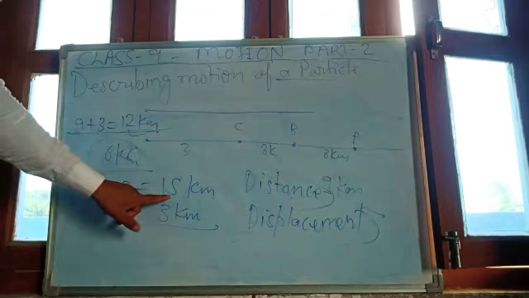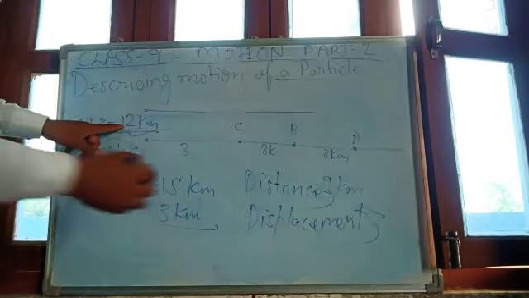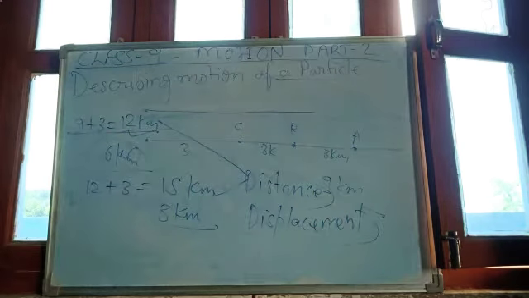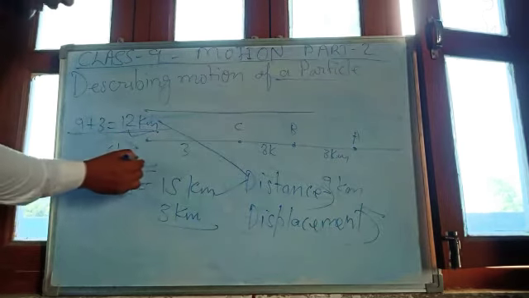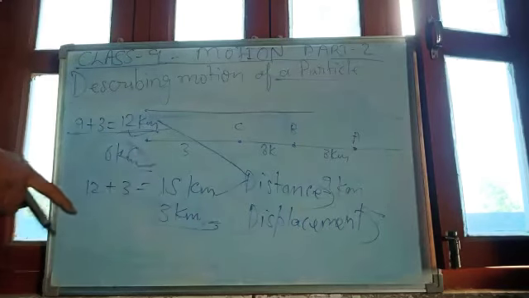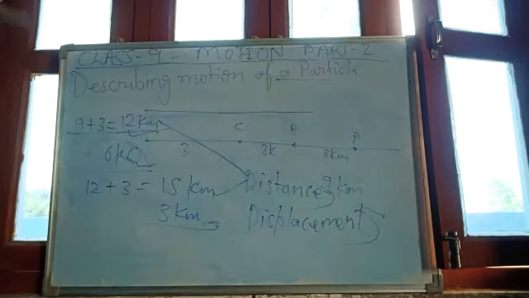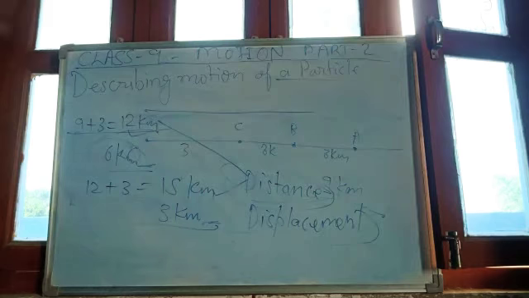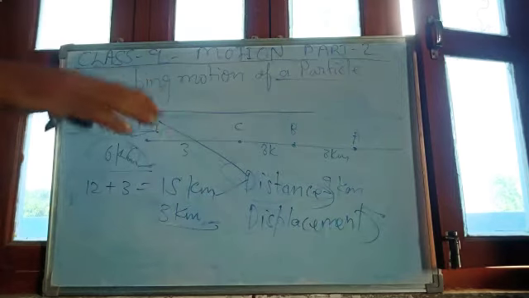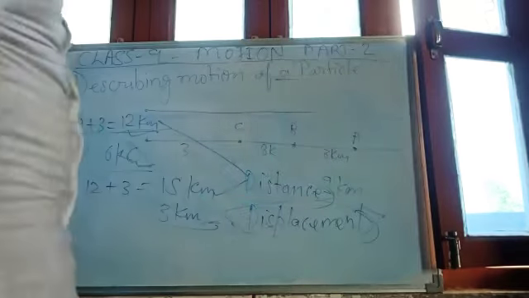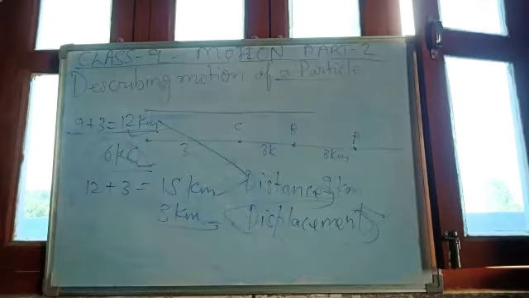So this 15 km or 12 km is the distance, and this 6 km and 3 km are the displacement between initial and final position. Clear? For distance we calculate the total distance covered by the particle, and for displacement we just see the minimum distance between the initial and final position.